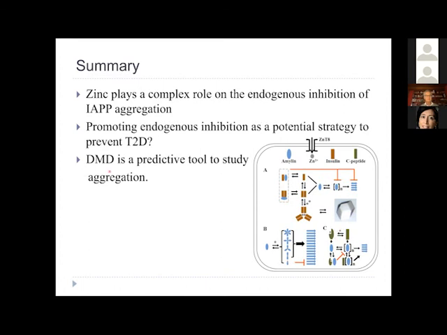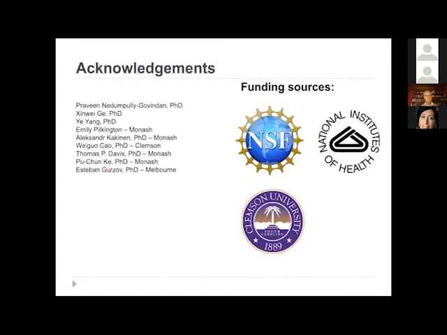Anyway, I hope that I convinced you that DMD could be a very predictive tool to study aggregation. I would also like to acknowledge the hard work of my former student, Praveen, my former postdoc, and the first two stories were done by Praveen. And Xinwei, who graduated a few years ago and is now in biotech doing data science.